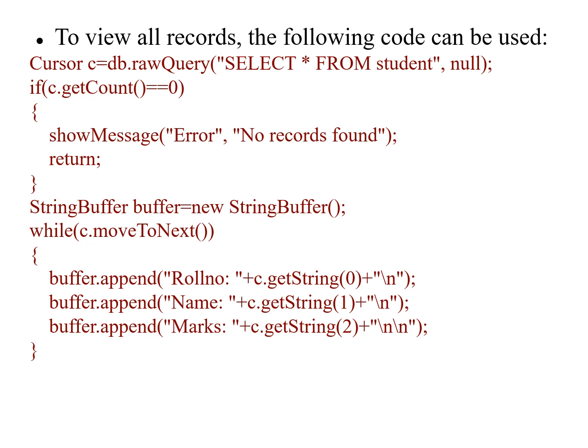First we will check whether getCount is equal to 0. getCount will be 0 if the table is empty. Otherwise, we will be retrieving the records and with the help of a StringBuffer class, they will be appended to the buffer. We will be appending roll number, name and marks of a student. It will be done for all the records retrieved from the table.